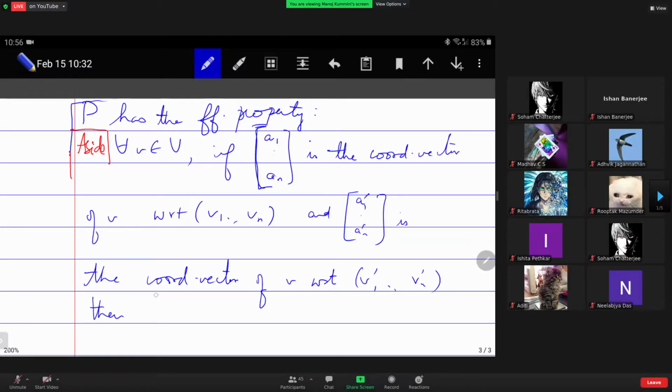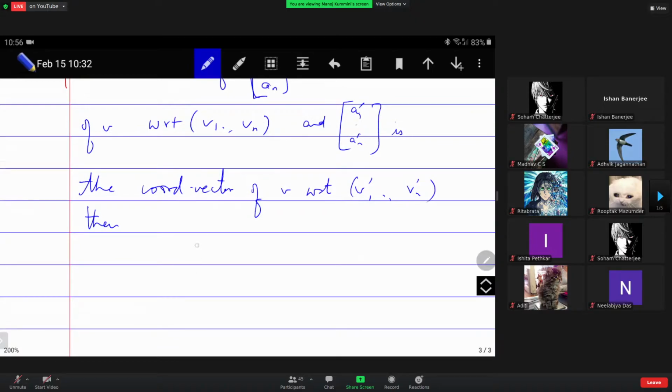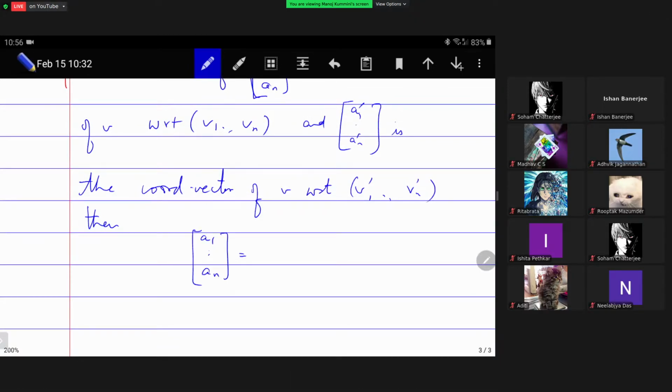With respect to the v prime basis, we have another coordinate vector, and P has the property that a1 through an is P times a prime 1 through a prime n.